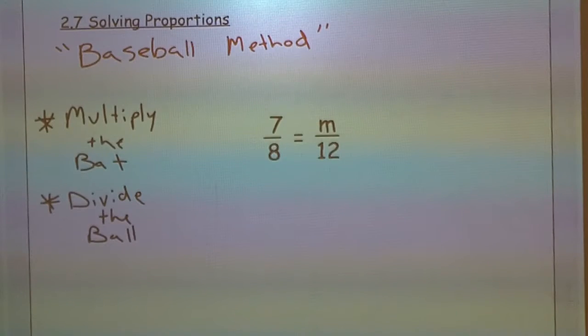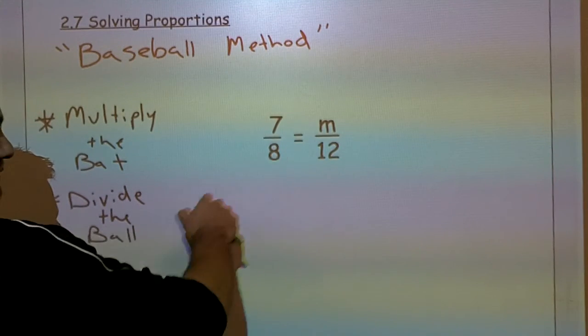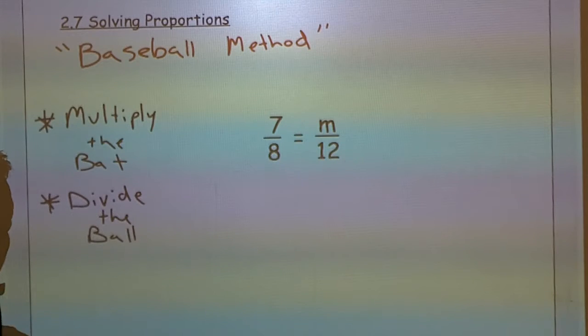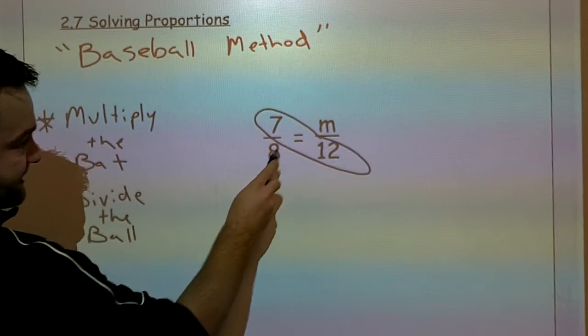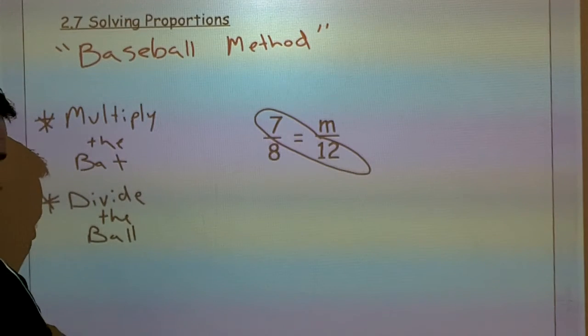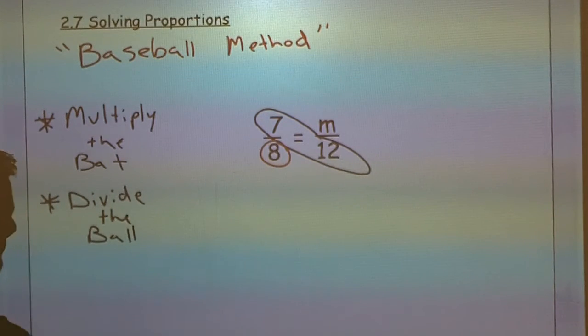Now, the method that I like to use when solving proportions, all right, 7/8 equals m over 12, or what number over 12, I call the baseball method. You may have seen it as cross multiplication and dividing, okay? So what I say is I multiply by the bat, or you cross multiply. Notice there's a little baseball bat that's formed, and then you divide by the ball, right? In this case, your ball is 8.